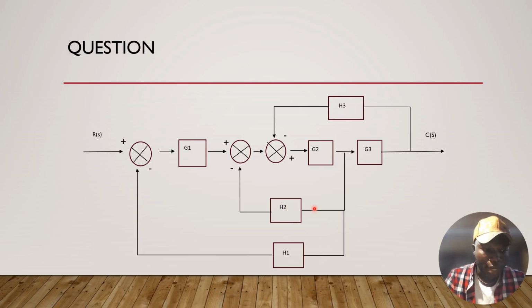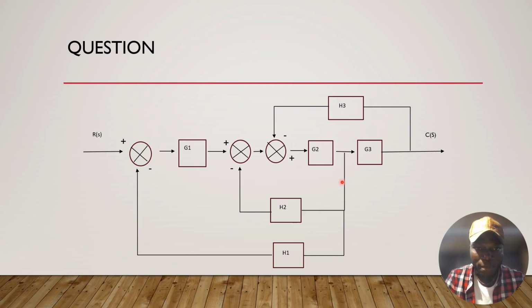Feedback is important because it influences the stability and performance of the system. We also observe summing junctions. These are the summing junctions where signals are added or subtracted, and pick-off points.